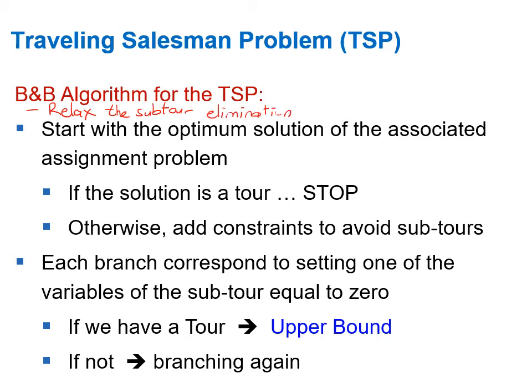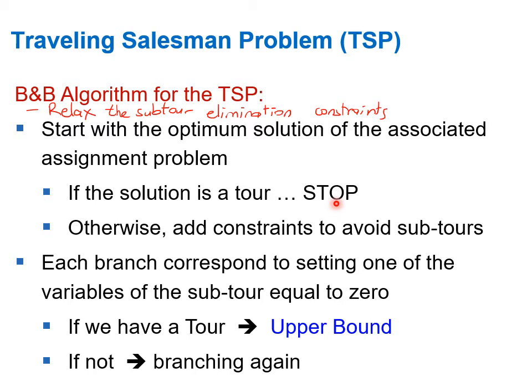Then solve the resulting assignment problem, and start with the optimum solution of this assignment problem. If in the optimal solution there is no subtour, only a single tour which contains all of the cities, then we stop. It means that we found the optimal solution for the TSP.